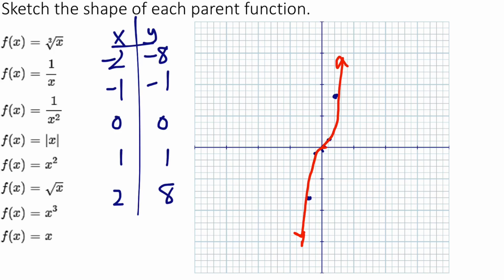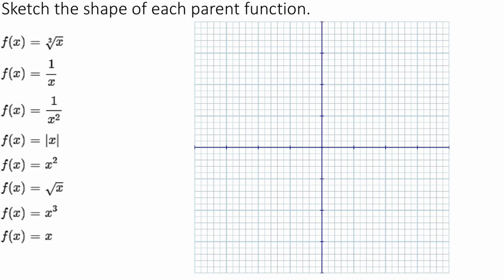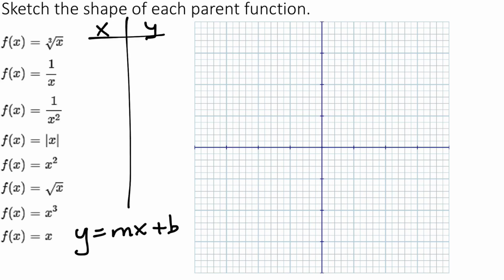All right, so one more. So we've got the function y is equal to x here. So that's just a line. Remember, y is equal to mx plus b. We might be able to do this without a t-chart, but we'll do it just for consistency here.